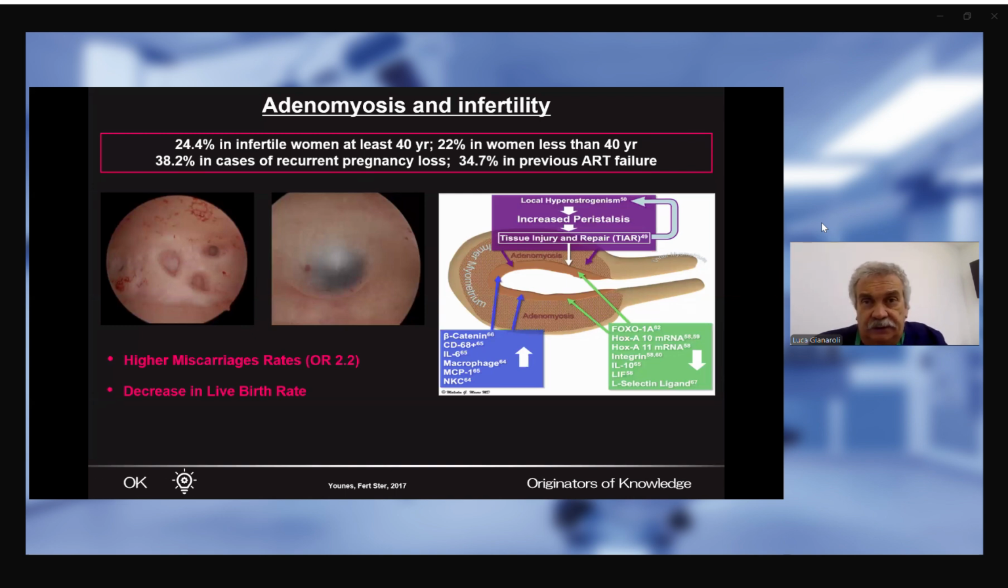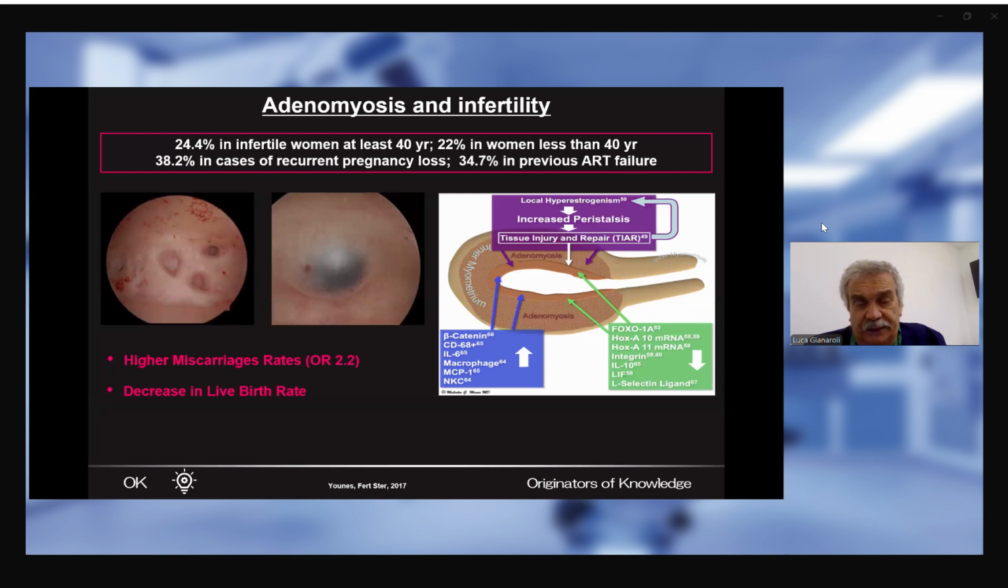I think that one of the neglected parts of our understanding of implantation failure is also related to adenomyosis. We have heard from Rudy many important pieces of information.